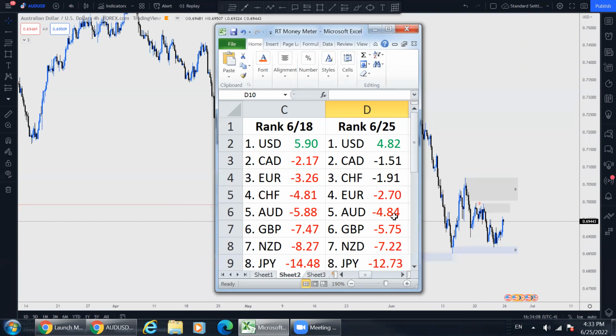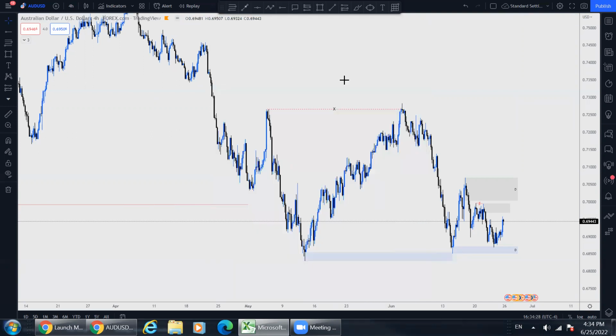That is also marginal. What is not marginal is the strength difference between these two. This one is one of the weaker ones, and this one is the strongest. That is what I'm taking into consideration when I'm pitting the strong against the weak.